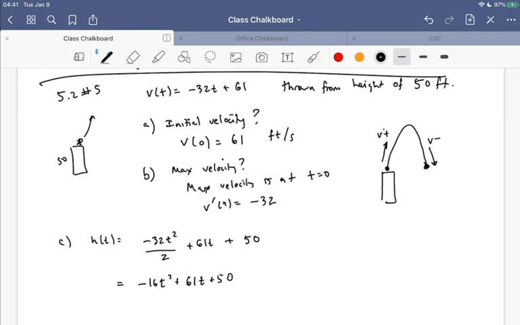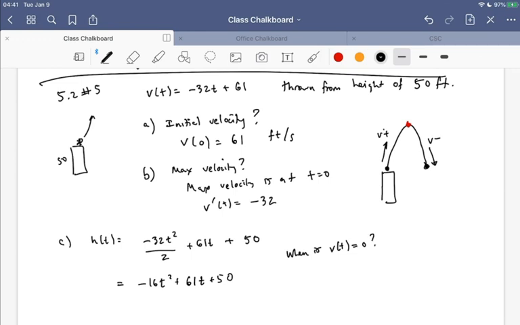Maximum displacement means we want to find the point at which the object we've thrown is as far away from where we threw it as possible. And if you think about that, that's going to be whenever it gets to the top of its position. And when does it get to the top? It gets there when the velocity is 0. So what we need to ask is when is v of t equal to 0?